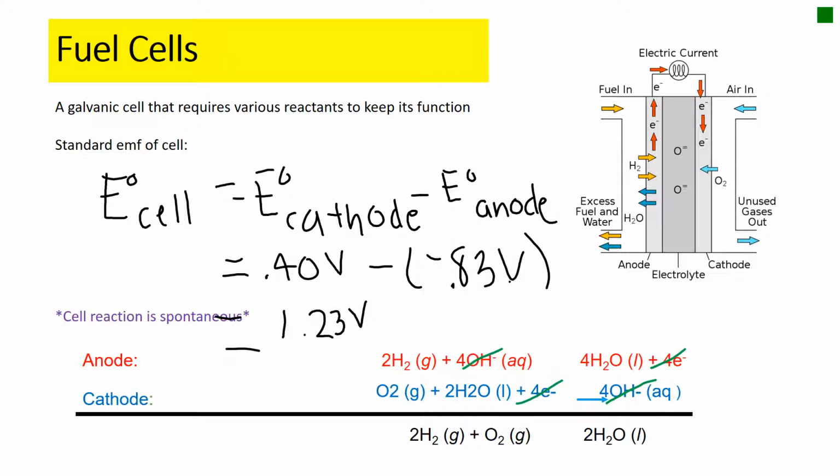And since you have 4 waters on your right and 2 waters on your left, they are going to subtract each other, so you're going to be left with 2 hydrogens plus oxygen equaling 2 waters, because 4 minus 2 equals 2.